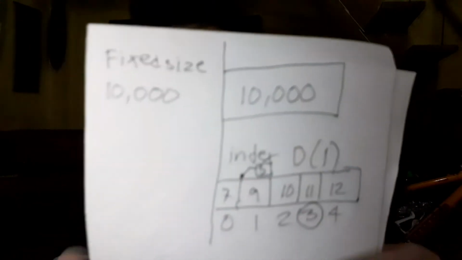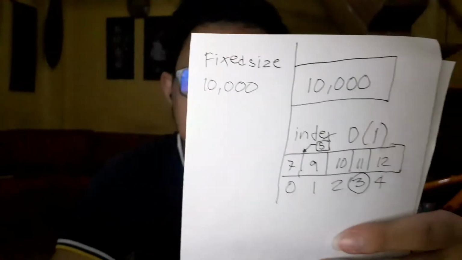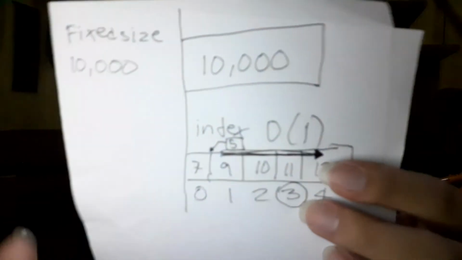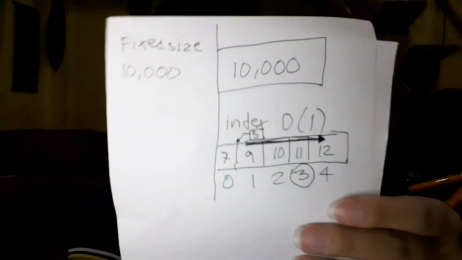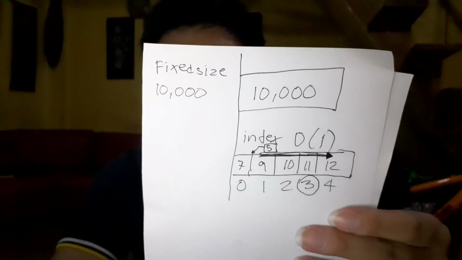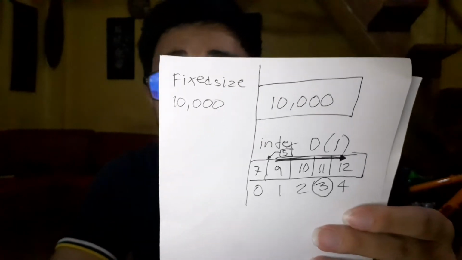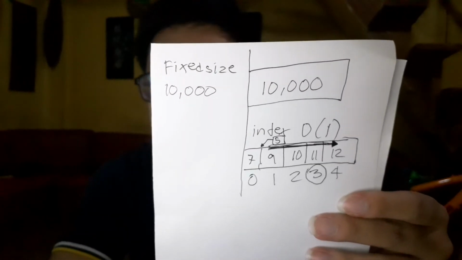Well, to do this, we actually need to shift every single item in our array past this point over. And we might even have to remove the last element to make room for this newly inserted item.